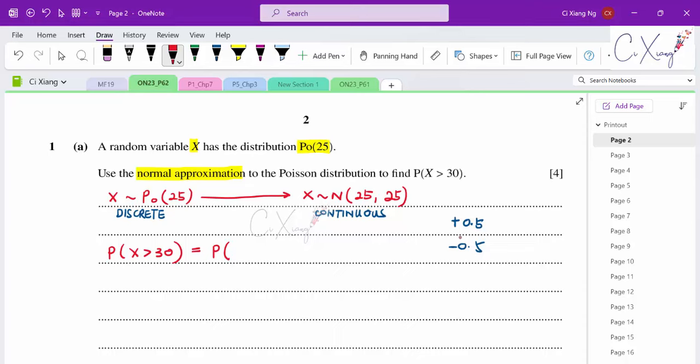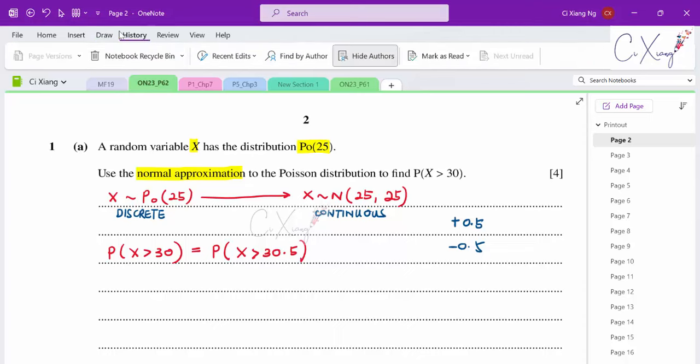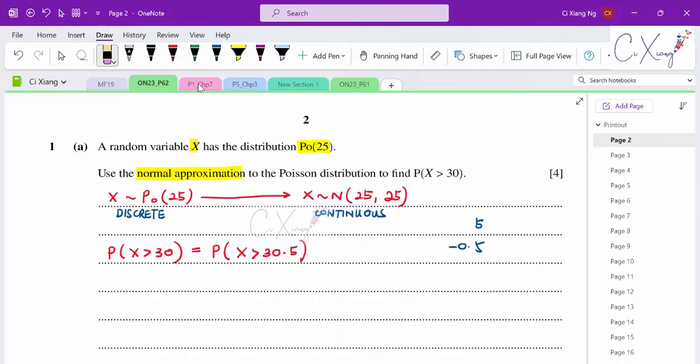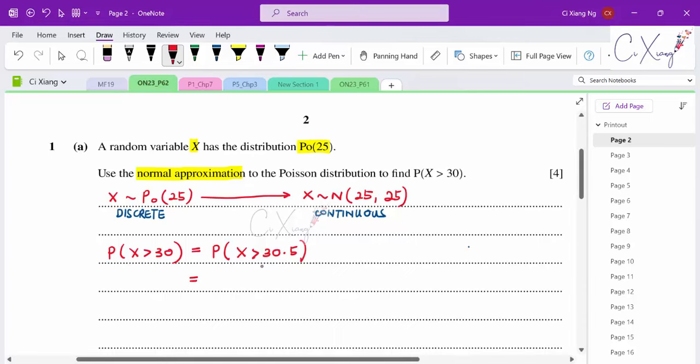So for this case, greater than 30 means 30 is not included, so I want to include the value 31. For adjustment, it should be 30.5. So after the continuity correction, this is what we have, 30.5.